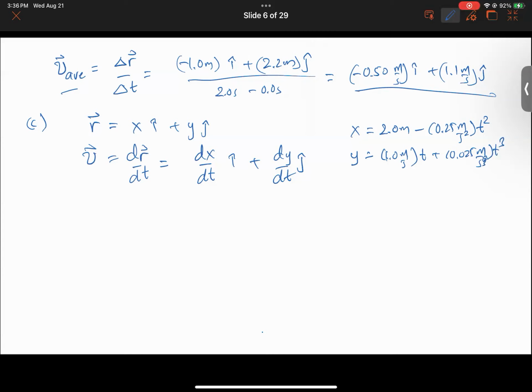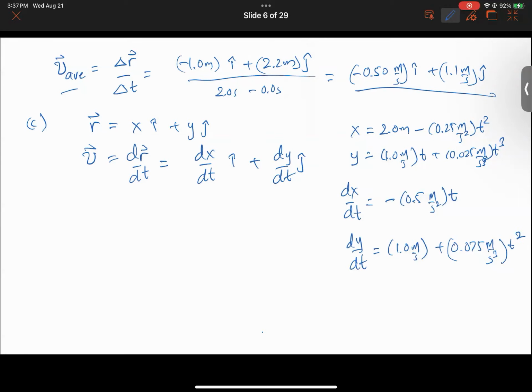And if we take the derivative of x with respect to time, we'll end up with negative 2 times 0.25, 0.5 meters per second squared times t. And then yung dy dt naman is 1.0 meters per second plus 3 times 0.025, so that's 0.075 meters per second cubed t squared.